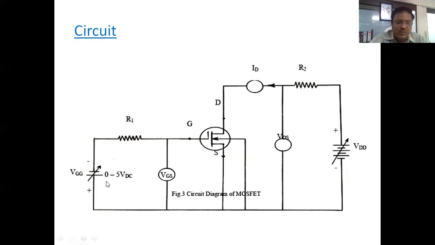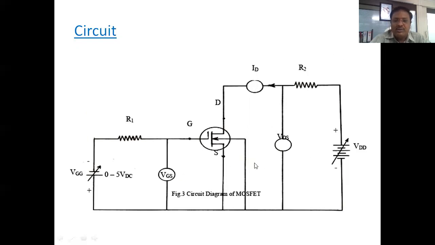The range of VGG is 0 to 5 volt, and VDD has a range of 0 to 2 volt. Then we are using three meters: one is a current meter for ID in milliampere, then voltage between drain and source, VDS, in volt, and voltage between gate and source, VGS. So we require three multimeters: two voltmeters and one current meter.